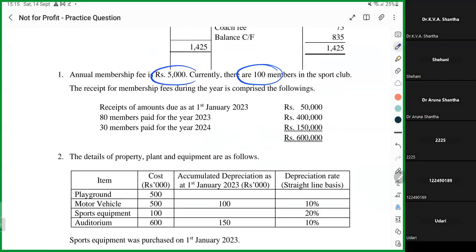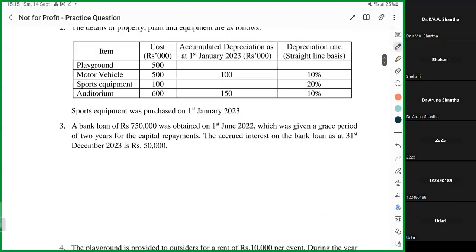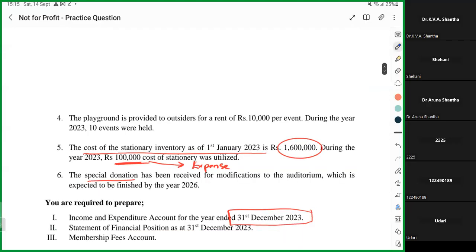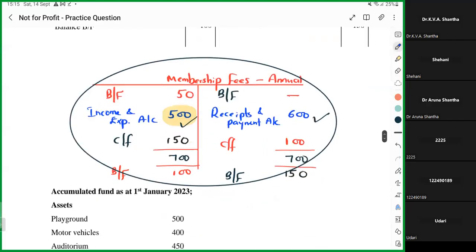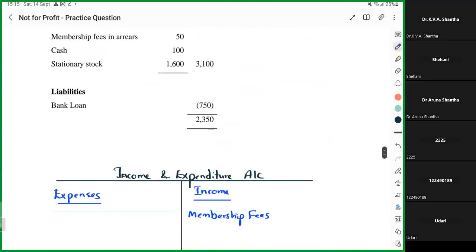Membership fee is 5,000 from one member. Then 5,000 into 100, 500,000. In thousands, 500. So that is the total income for the year. All these are prepared in thousands.